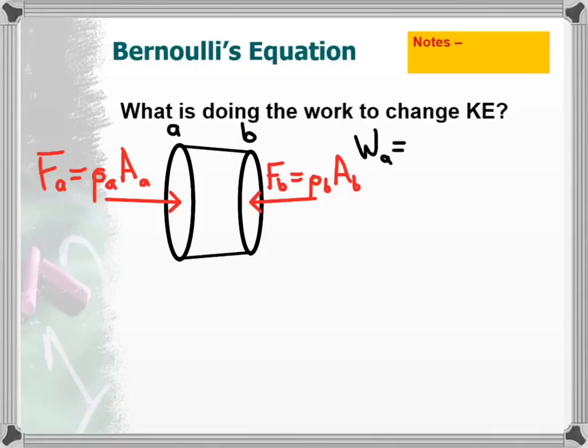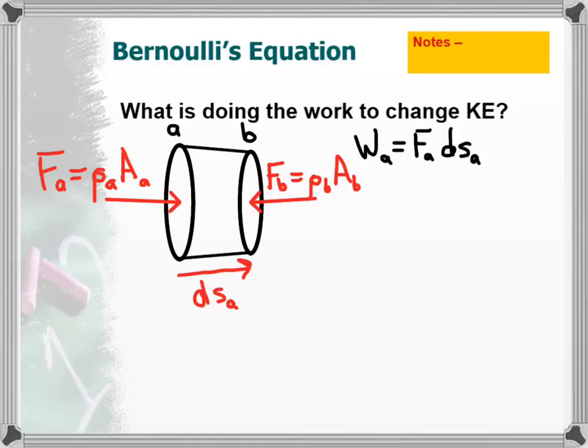Well, let's try to figure out how much work this force does over some little time period dt. As this fluid flows from point A to point B, how much work is being done by this force over on this side? Well, we know that work is equal to force times displacement. So this fluid is being displaced by, we'll call it dSA. In some little time, the fluid moves from here over to here.